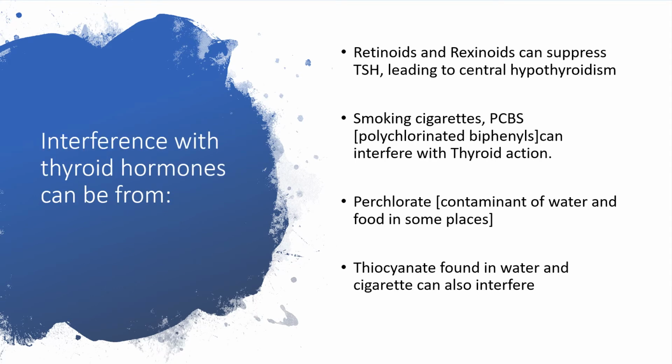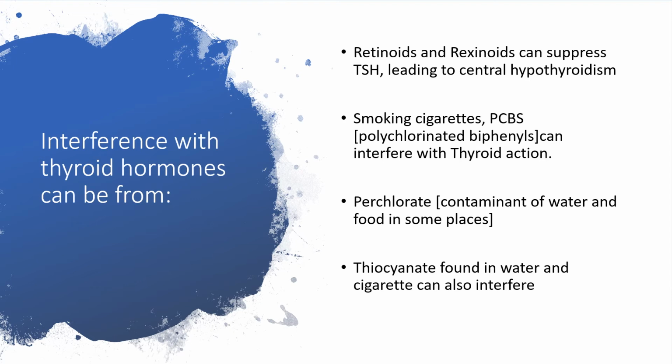There is a likelihood of interference with thyroid hormones, and that can be from retinoids, which can suppress thyroid stimulating hormone. And when that happens, we will be dealing with central hypothyroidism. Smoking cigarettes or polychlorinated biphenyls, that is PCB, can interfere with thyroid function.